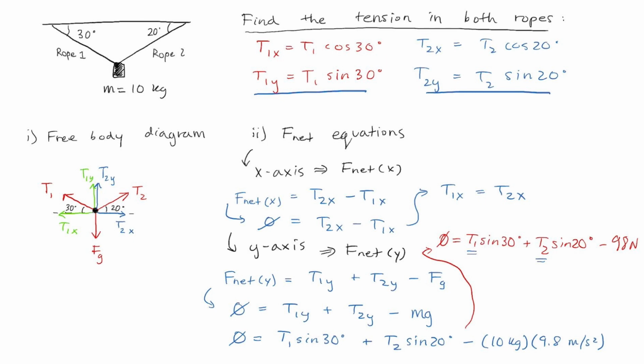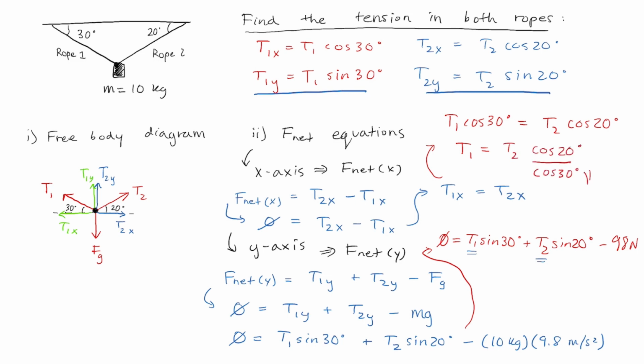Well, let's look back at our F net x equation. If I replace T1x and T2x with their x and y components, then we get T1 cos 30 degrees is equal to T2 cos 20 degrees. And what I can do is rearrange and isolate for T1.